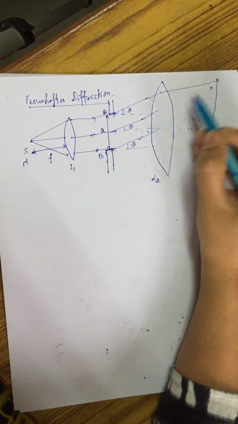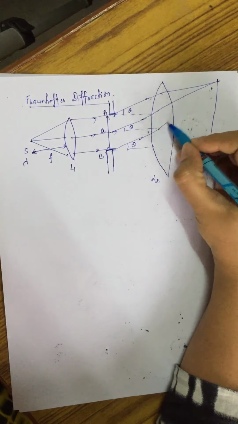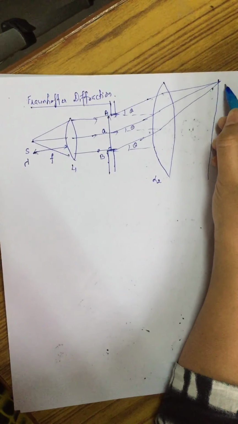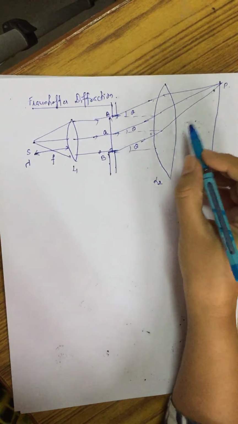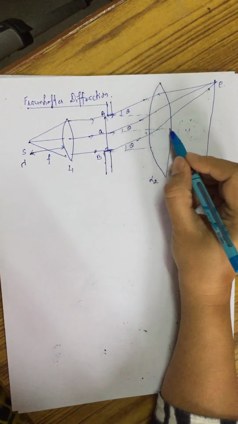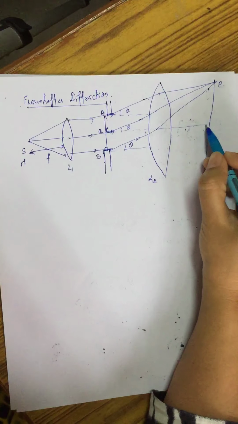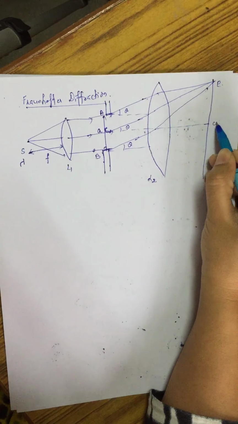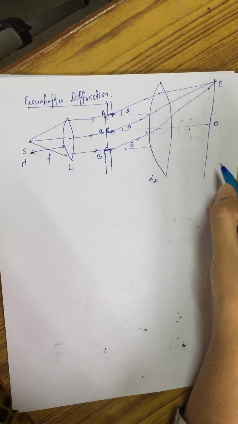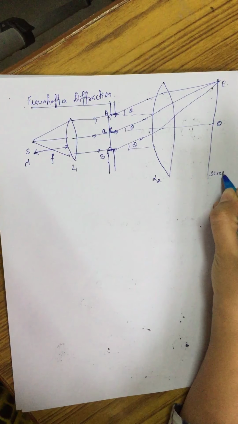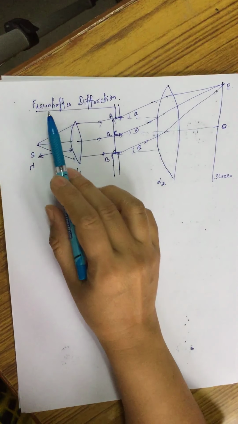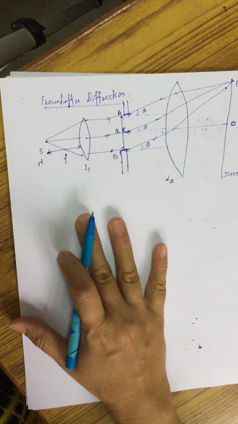This convex lens converges all these parallel rays at a point, and let us consider the point is P, and from the midpoint C of the slit, the point opposite to C is O on the screen. This is the basic setup of Fraunhofer diffraction.